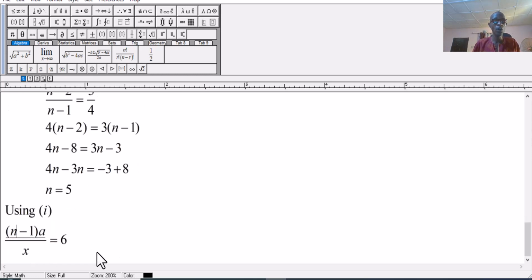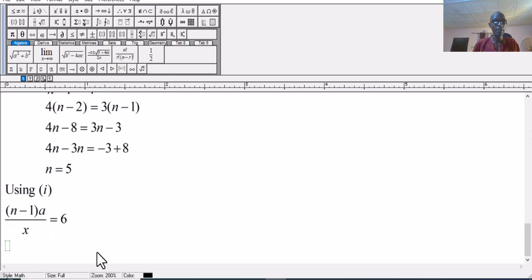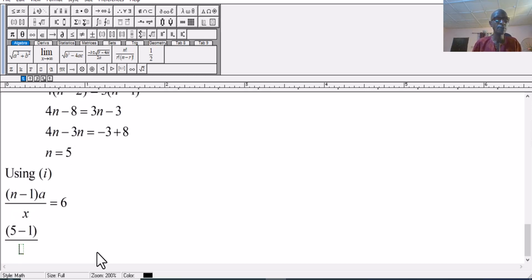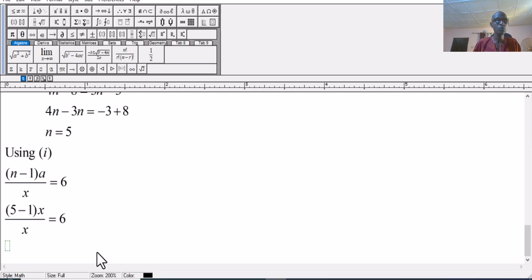So we know our n. So our n is 5. So that would be 5 minus 1, and then this is x and this is a is equal to 6. So now what we need to do, no, this is a.